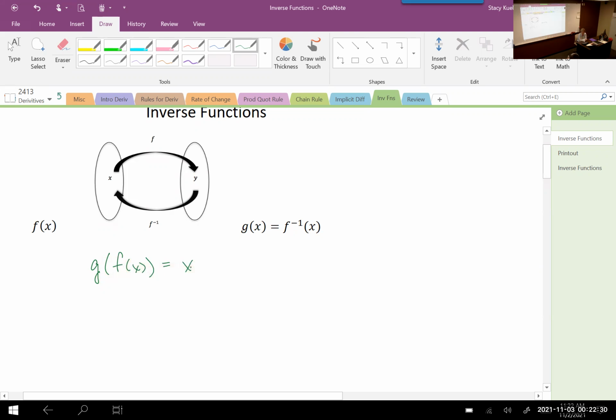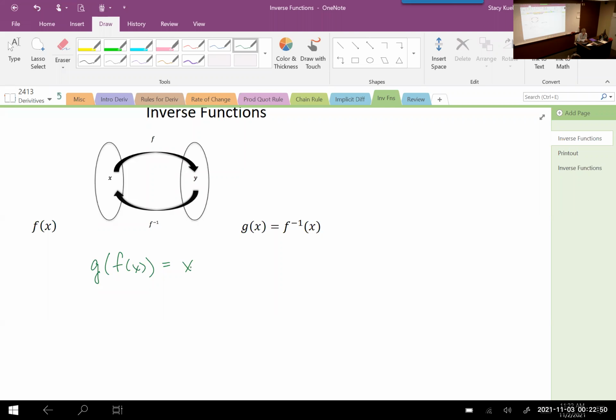That was a property of inverse functions. When I compose a function with its inverse, I get back x. It was the reason why we were able to solve trig equations: we were in essence taking the inverse of both sides because it gives me back the argument.